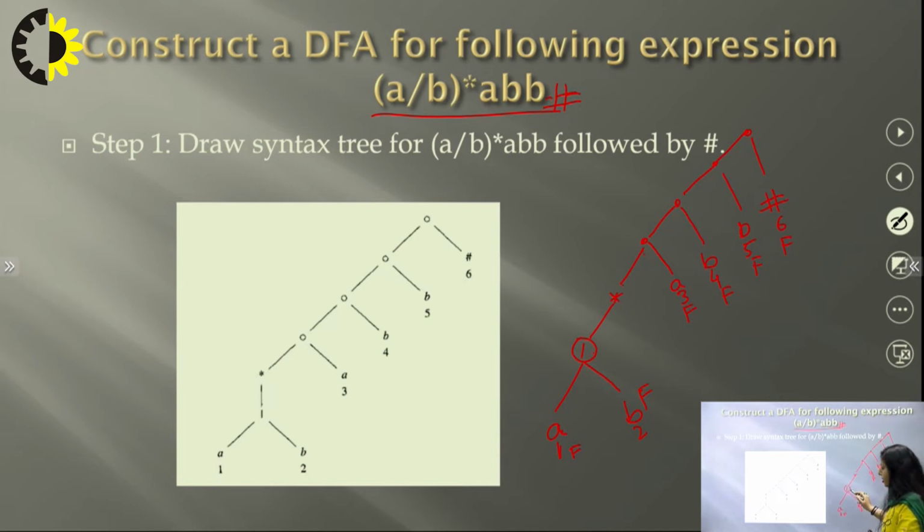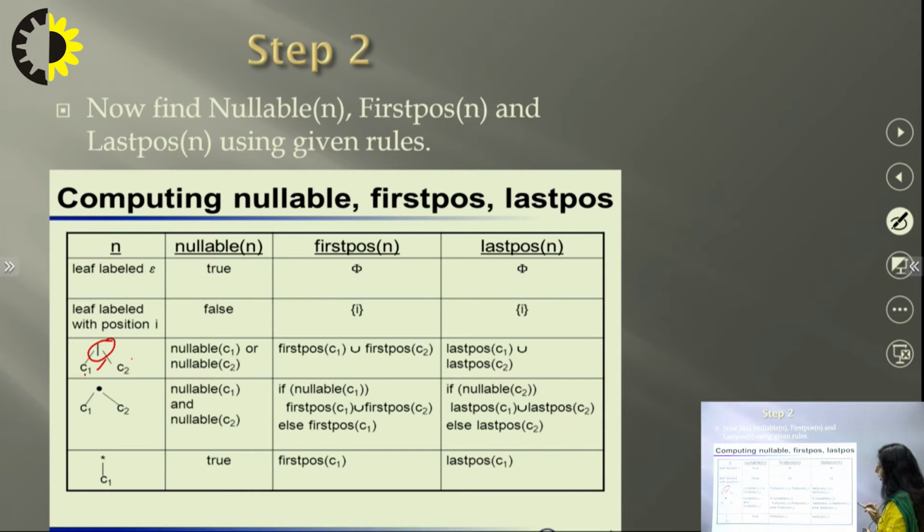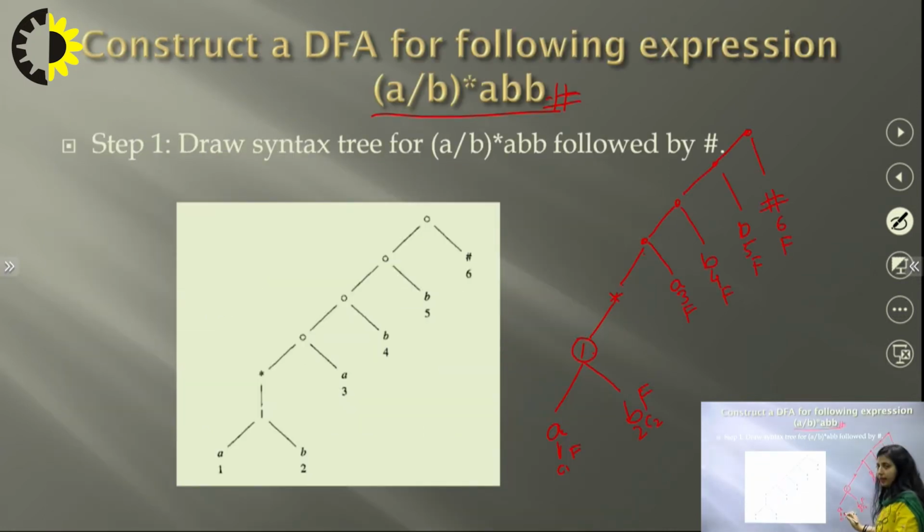Here is a, here is b, so this one is c1 and this one is c2. Then nullable is nullable of c1 or nullable of c2. So in an OR condition, with false or false, the nullable is false, right?